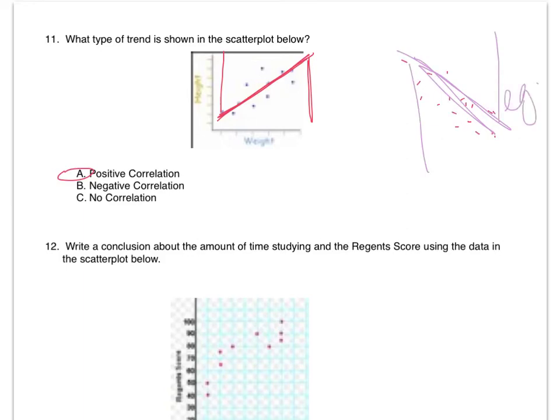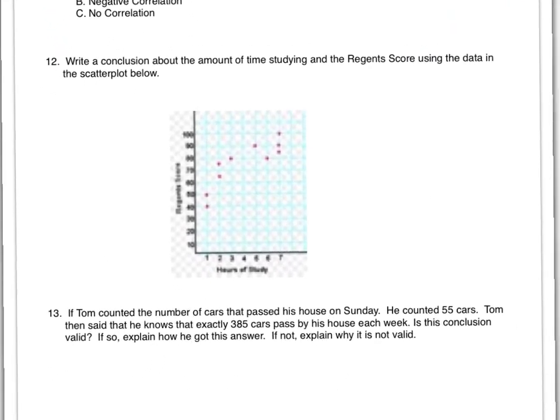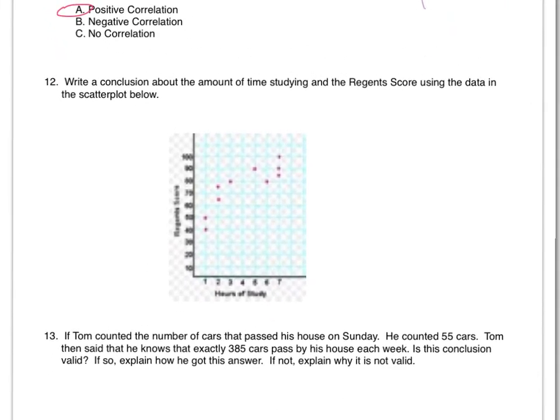So there's that. Number 12, write a conclusion about the amount of time studying and the Regents score using the data in the scatter plot below. So first of all, it's not really part of the question, but this again is going upwards. Most of the data fits in this general line, so we know it's a positive trend. So the x-axis is hours of study.